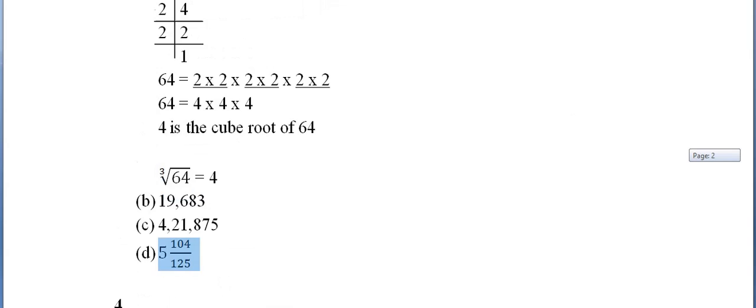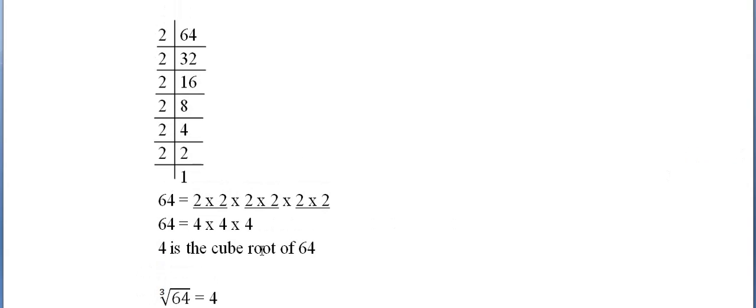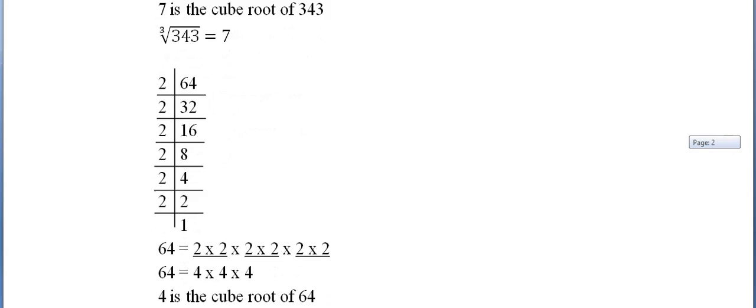Remember that in the cube root there must be repetition of the same number 3 times. If the repetition is very large, that is, more than 3, then find the pairs. And then that's your cube root for that particular number.